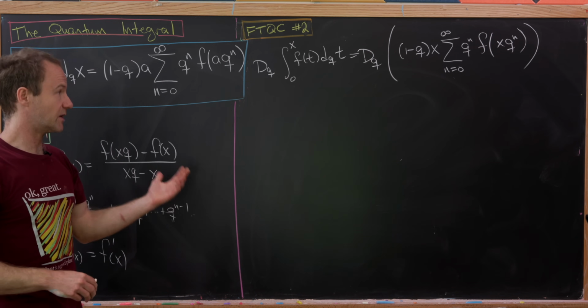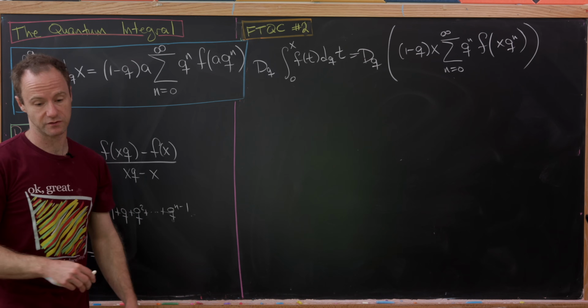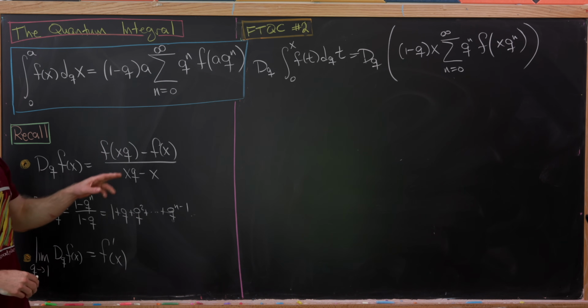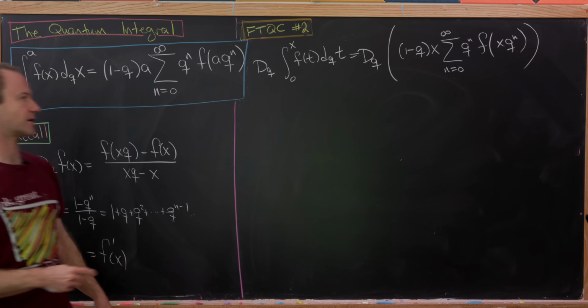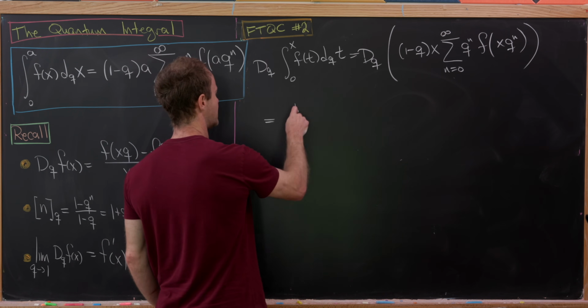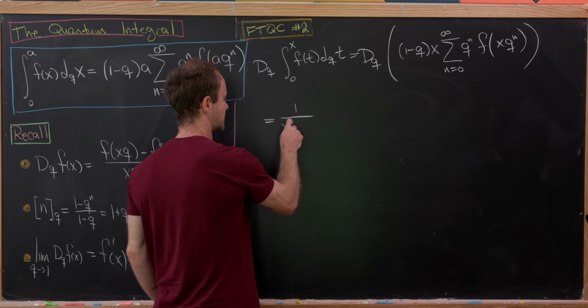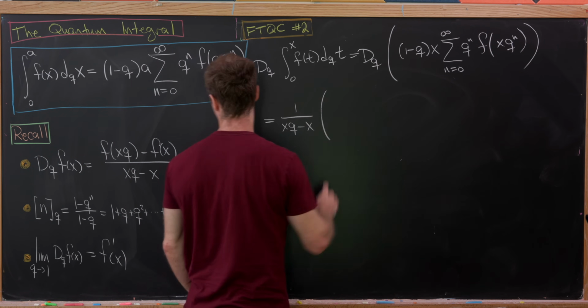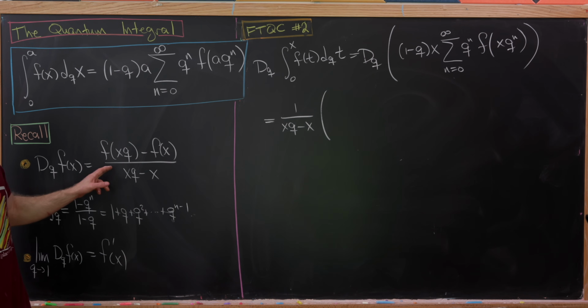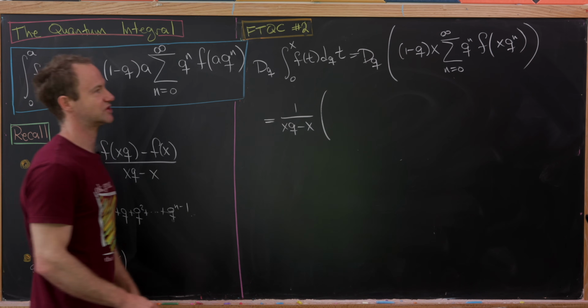And now let's apply this quantum derivative. So that means we need to do this kind of thing right here. Let's write this 1 over xq minus x out in front of the whole thing, and then we'll rewrite this, replacing x with qx, and then subtracting just as is.